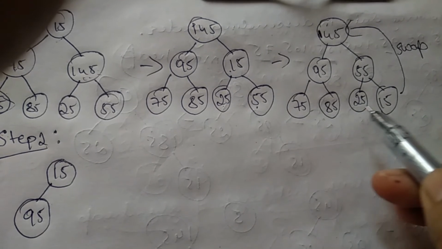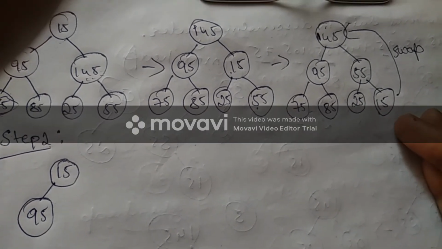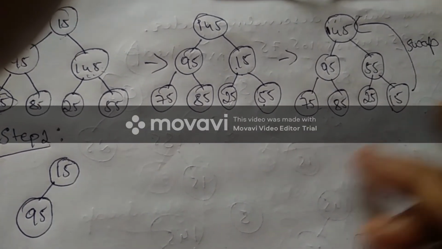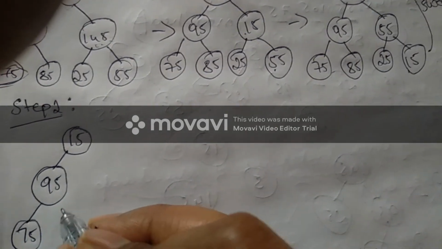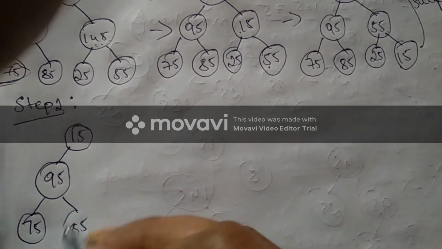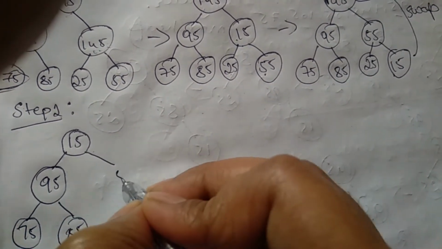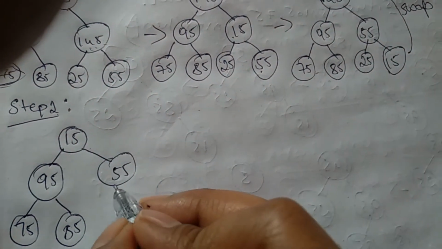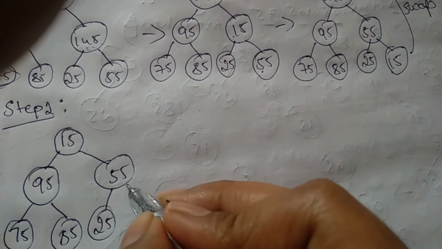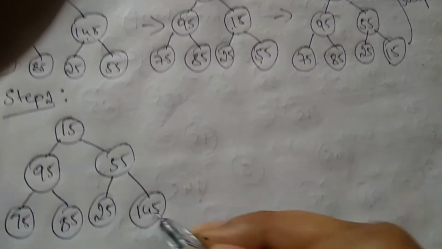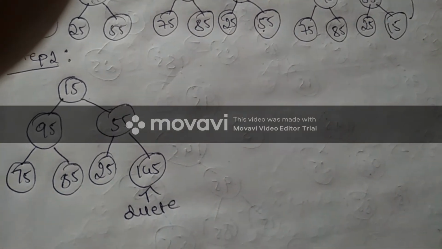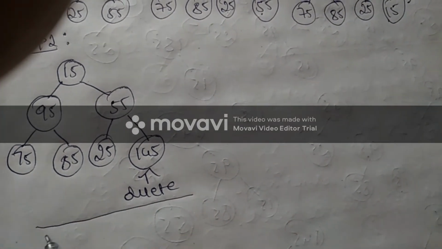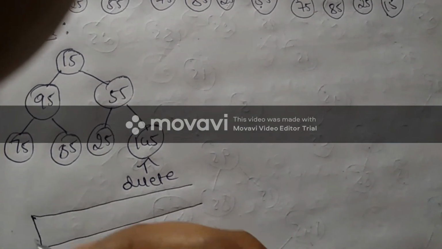Which is the last element? The rightmost is always the last element. So I am choosing 15 as the last element over here. This is 25 and 145. What you have to do? Delete 145.